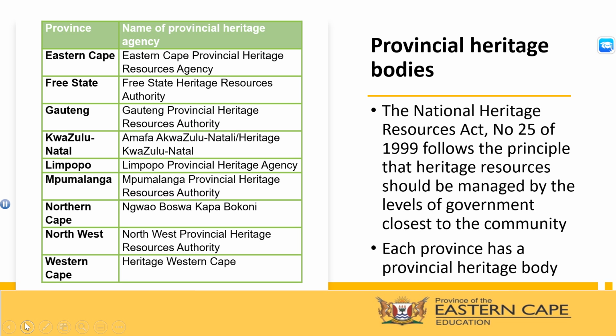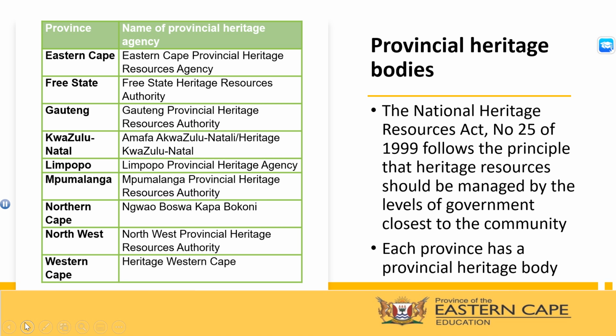Now, what you also need to know, grade 11, is that each province has their own provincial heritage body. And you will see on the left-hand side of your screen, we have each of the 9 provinces in South Africa and the names of each of the provincial heritage agencies in each province. So we go from the Eastern Cape, that has the Eastern Cape Provincial Heritage Resources Agency, down to the Western Cape, that has the Heritage Western Cape Agency.